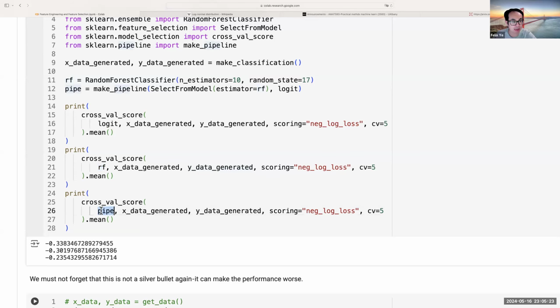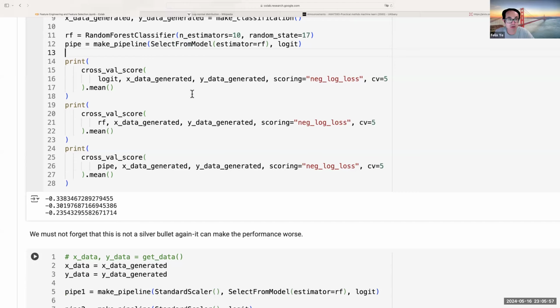However, this pipeline here is doing the best: I'm using random forest to pick the features, but then I still apply the logistic regression. So we are not using all 20 features. We are using only a subset of features, picked by the random forest. This is very useful and a very popular way to pick features, select from model.